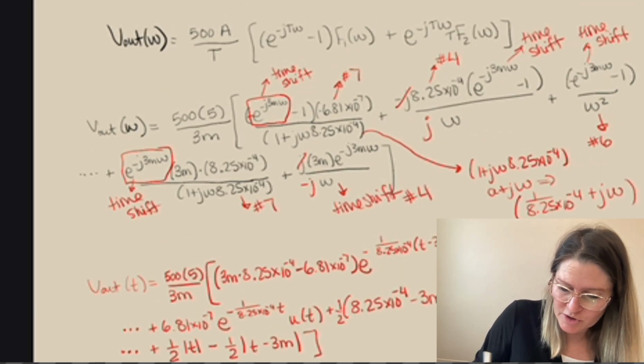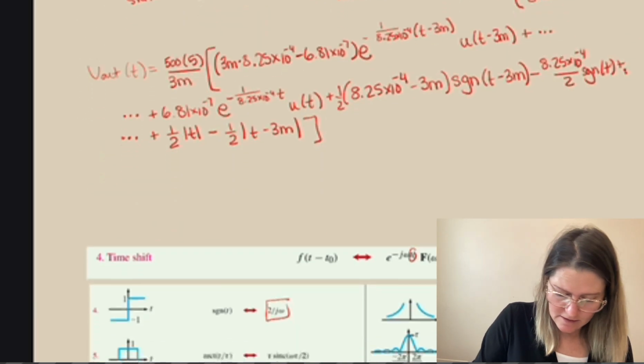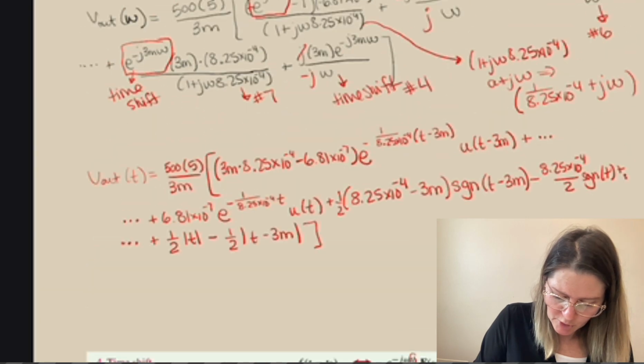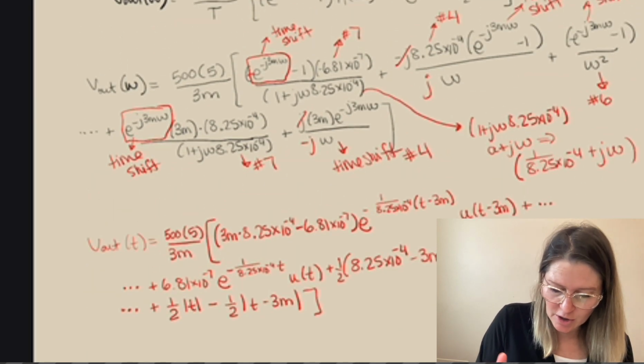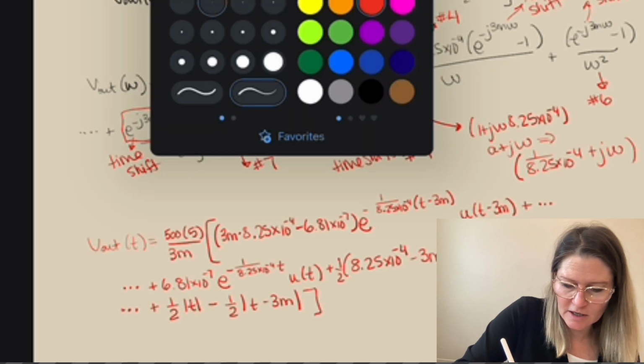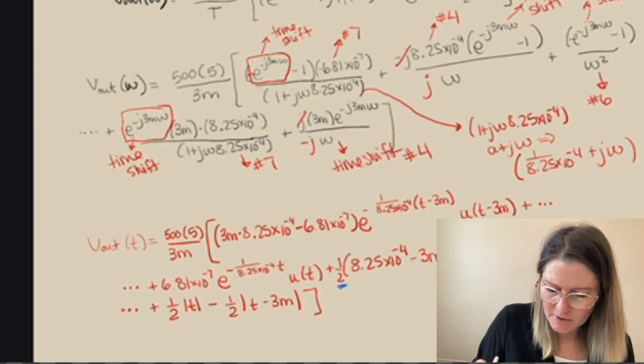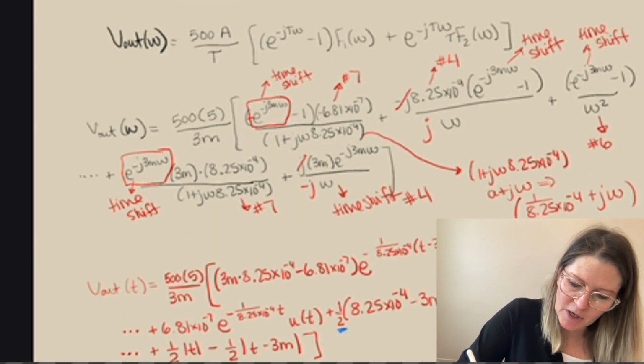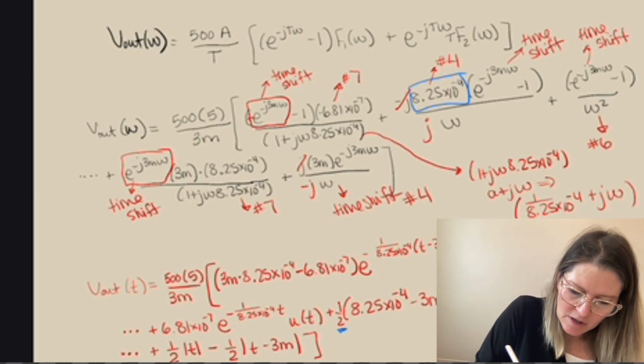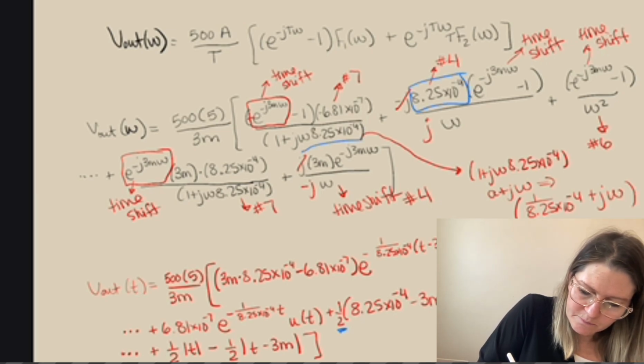do the next term, which is number 4, which means 2 over j omega. So I have to use a half here. And I do the same thing. I'm going to combine this term and this term.